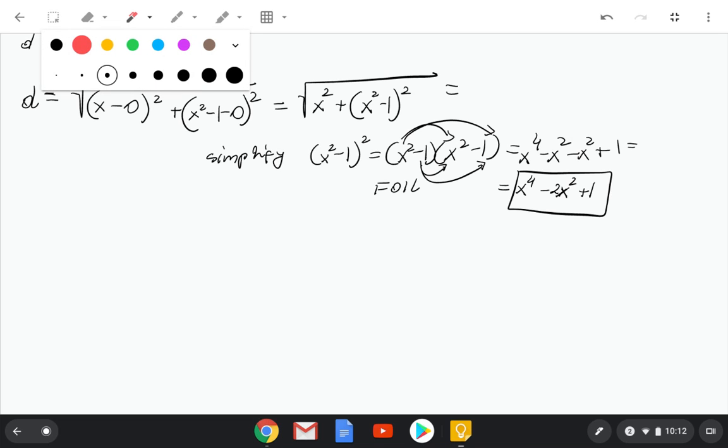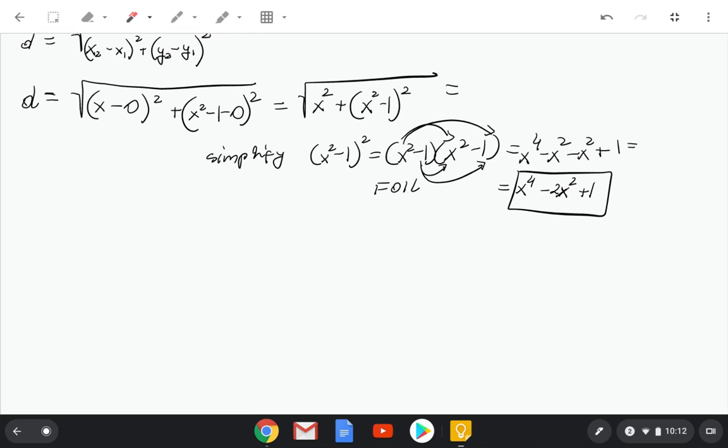Okay, and that will become, okay, square root. We still have that x squared, which I didn't touch, so we have x squared plus, from FOIL you have x to the 4 minus 2x squared plus 1.